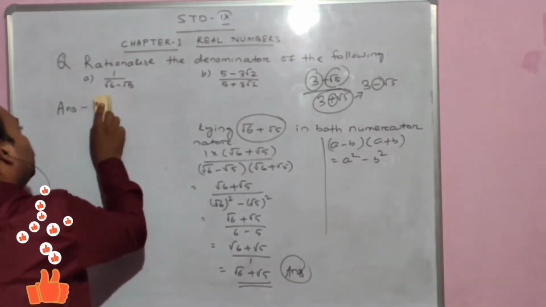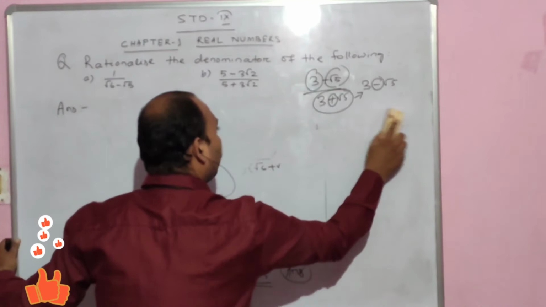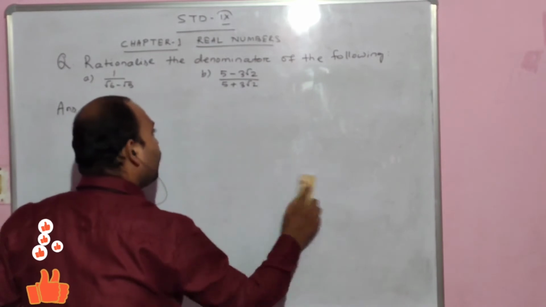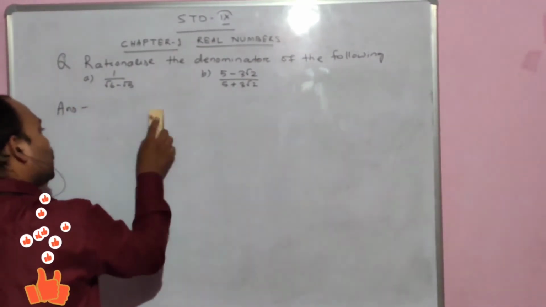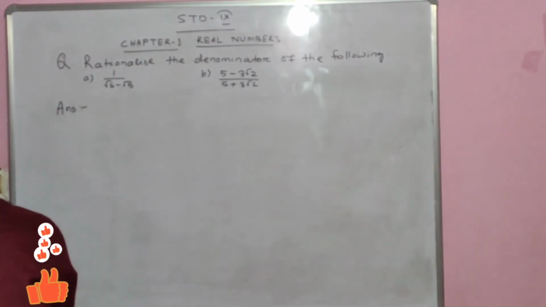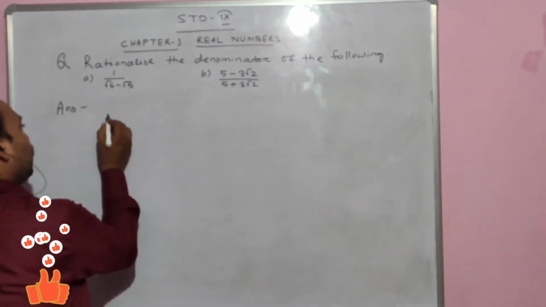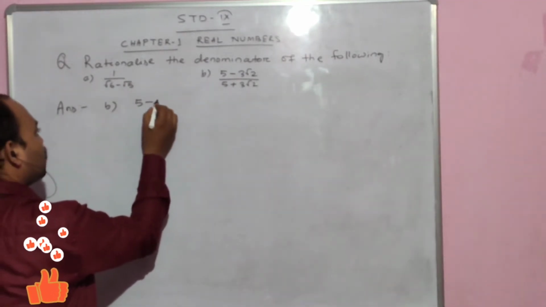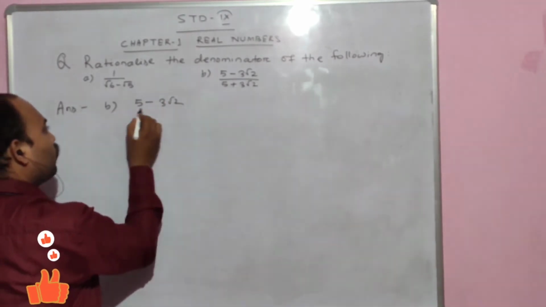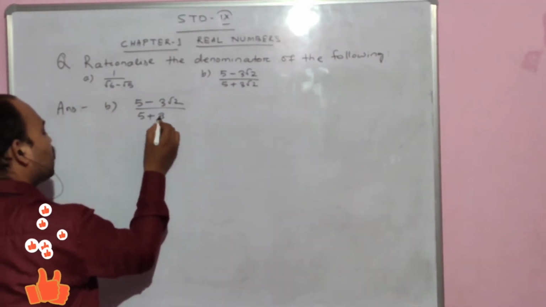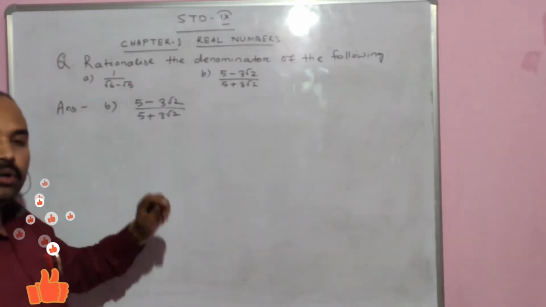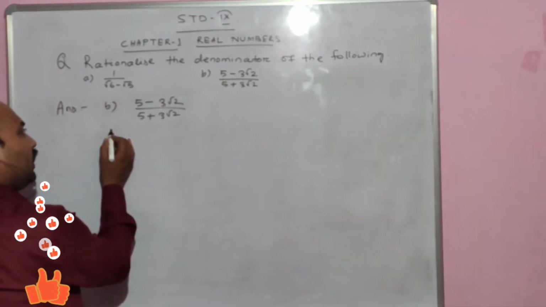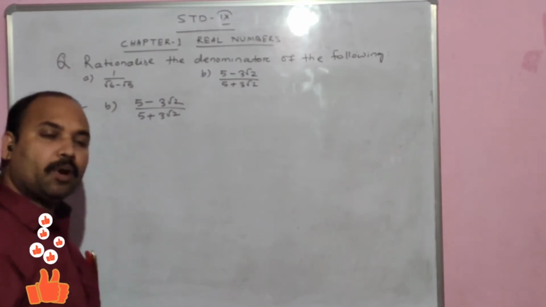In the same way we did the first question, we have to do the second one. Here the denominator is 5 plus 3 root 2, so we have to rationalize it. First I am writing the question here: 5 minus 3 root 2 upon 5 plus 3 root 2. Whose conjugate number do we have to multiply?